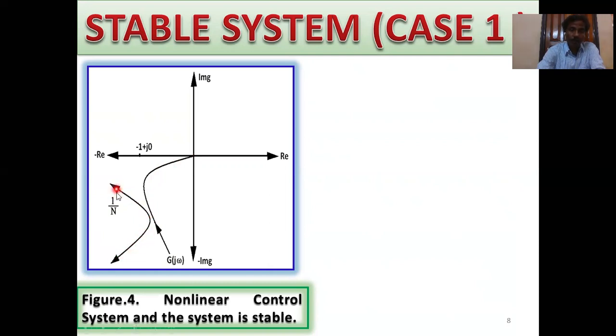The vertical axis is imaginary and this is the real part. This is the minus 1 plus j0 point, the critical point. The locus lies outside minus 1 plus j0 and does not intersect. That's why this is stable.